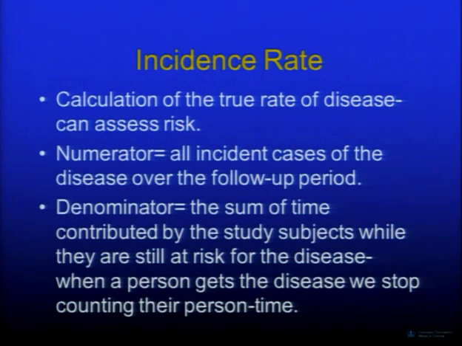When a person gets the disease, we stop counting. What is the denominator in incidence rate? Person years, right? It's just that concept. So again, think of the words, because the words tell you automatically what to calculate. When you see rate, you think of time. When you think of time, you think of person years, not just number of people.